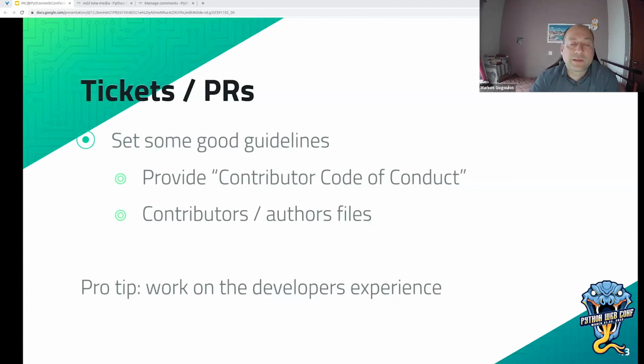It's good that when you have contributors or authors files, you include everyone that has contributed there and you attribute their work. And I suggest that the quicker one can locally set up a dev environment that is fully working end-to-end, the easier it will be for them to start producing output and for the project to start receiving contributions. So definitely work on the developer's experience.